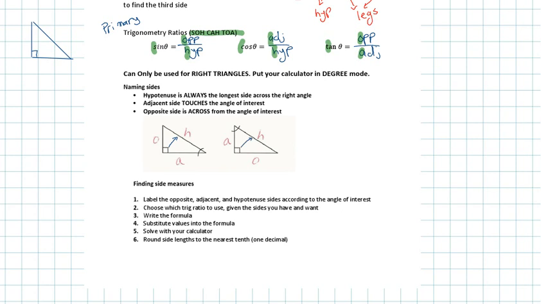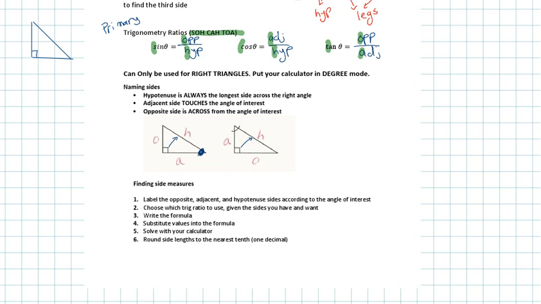Now the other two, the opposite and the adjacent, change depending on the angle of focus or the angle of interest. So if you look at this, this is your angle of interest right here. Okay, it's given to you. The angle of interest is the angle that's given to you or that you need to find.